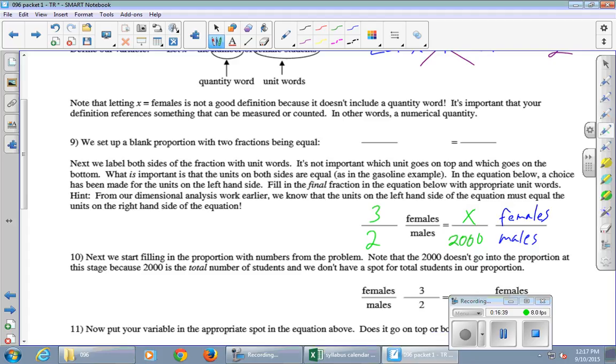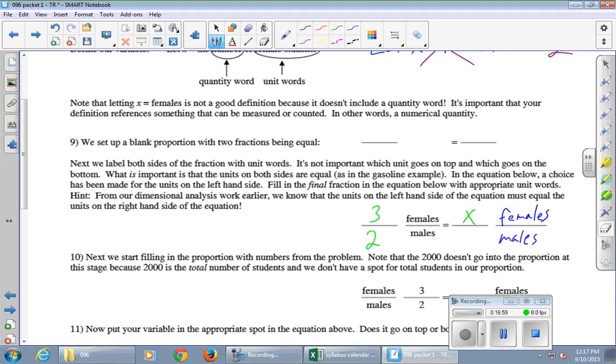We can't put 2,000 there. 2,000 is a total number of students, but what's supposed to go down there is a number of males, right? And we can see that there's a mismatch because we took our time and wrote the word males and wrote the word female. This thing at the bottom is supposed to represent number of males. It isn't 2,000. 2,000 is a total.